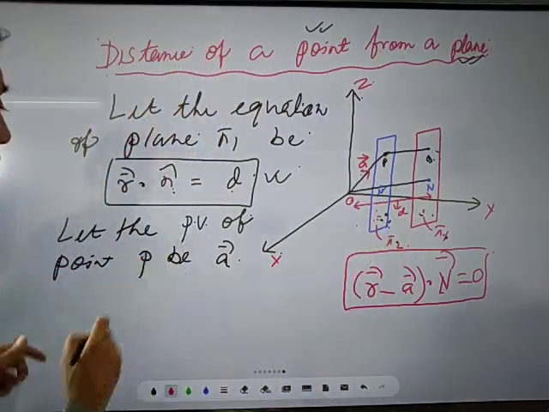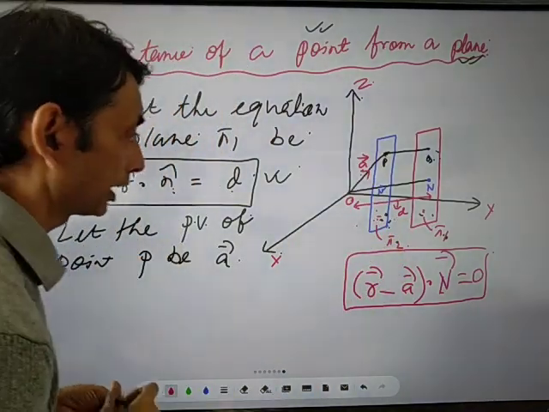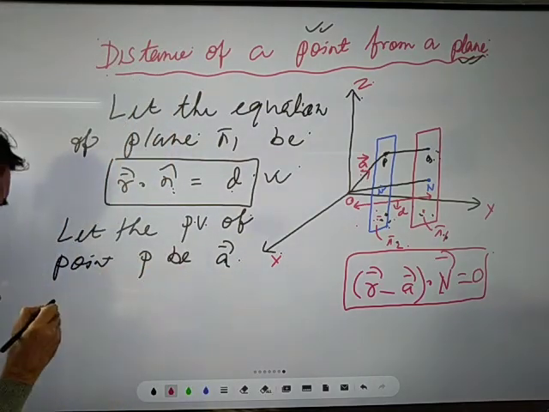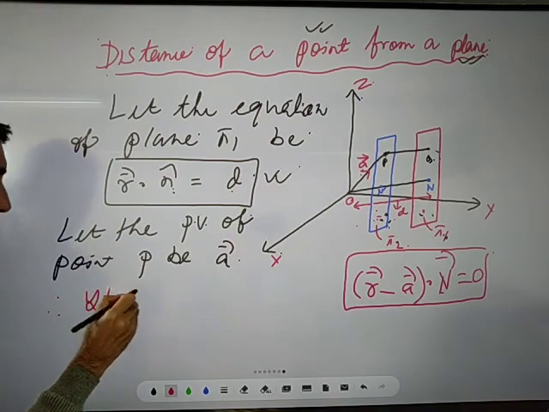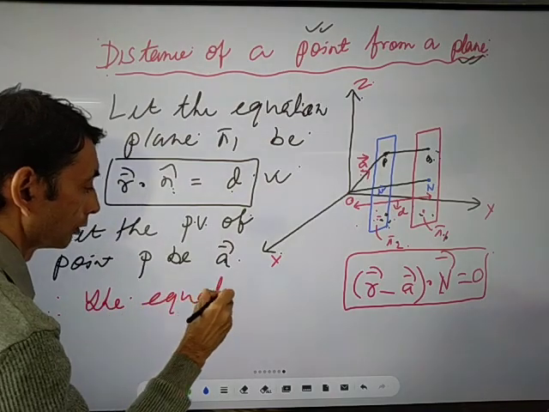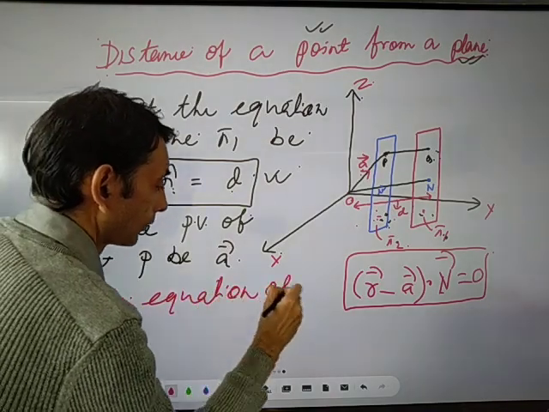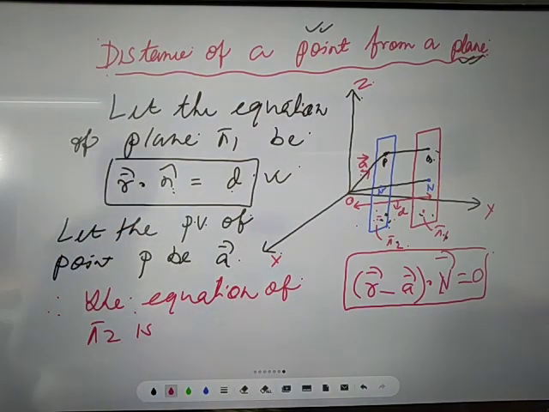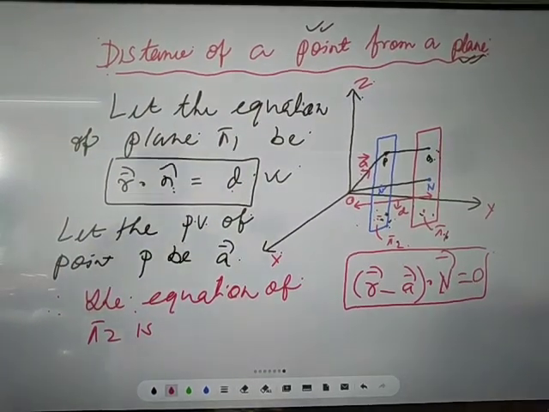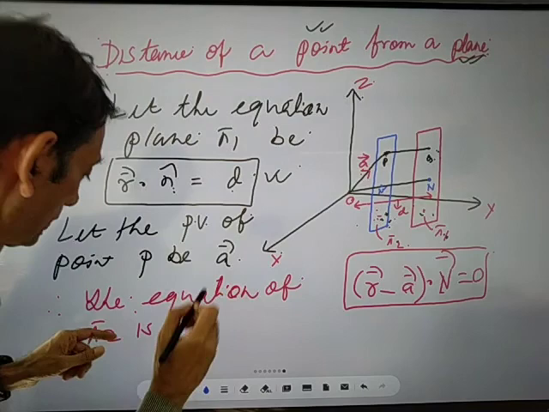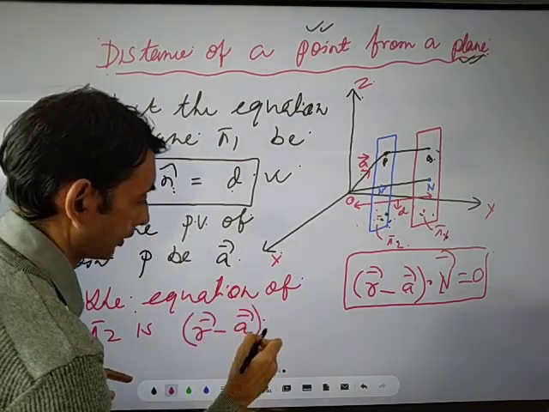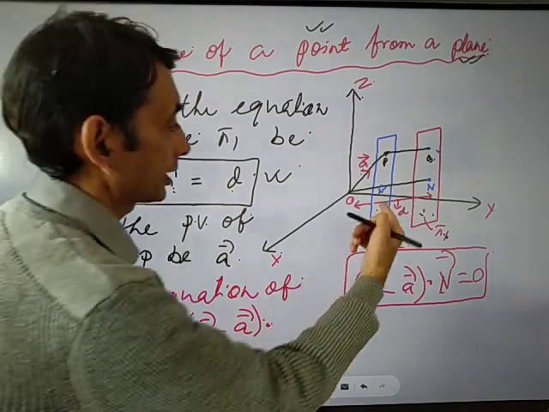So let the position vector of point P be A. Therefore, you can directly write the equation of pi 2. Okay, the equation of pi 2 is r minus a dot n cap equal to 0, where n cap is the normal vector to pi 2.